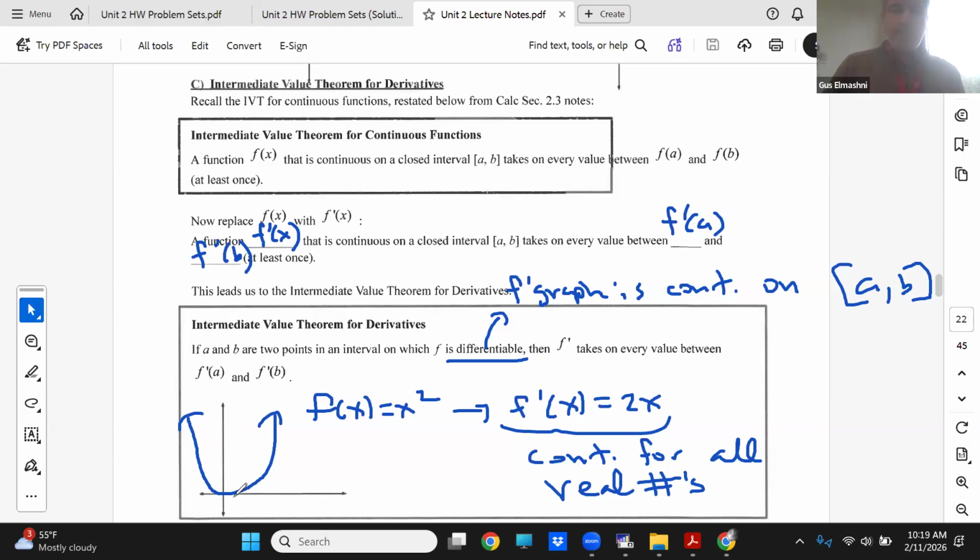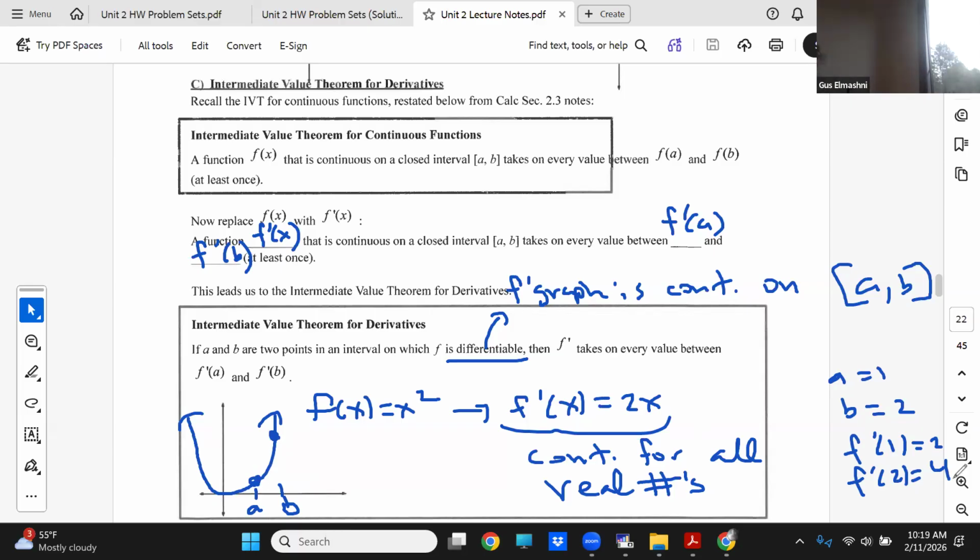So let's say this is a and b here. And let's say a is 1 and b is 2. What's f prime 1 going to equal? What's f prime 2 going to equal? 2 and 4. So what this means is that can f prime equal 3 in an interval from 1 to 2?